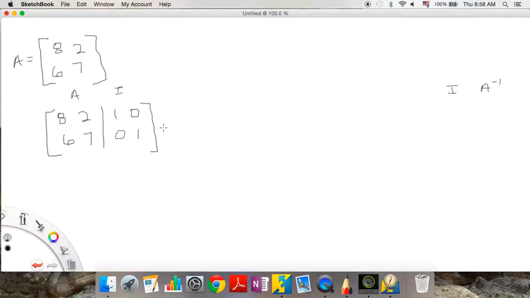So how do we do that? Well, we need a 1 here, so let's just multiply that row through by 1/8. So 1/8 times row 1, and we get 1, 1/4, 1/8, and 0. And then we need 0 here, so we're going to take 3 times row 1 minus 4 times row 2.